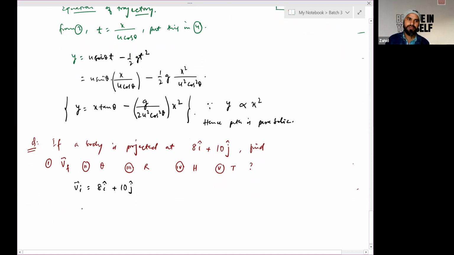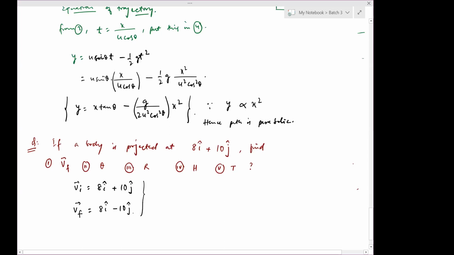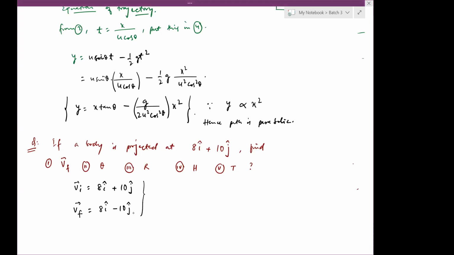According to the concept, the final velocity on hitting the ground will only change in direction along the y direction. So it will be 8 i cap minus 10 j cap as the final velocity. Is it clear? Yes, sir.